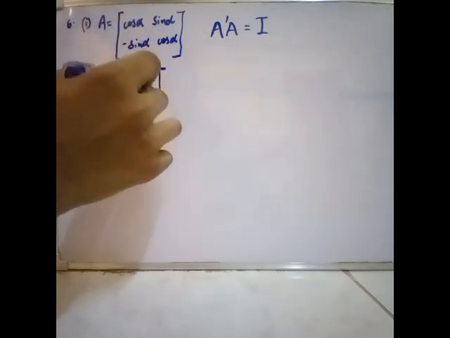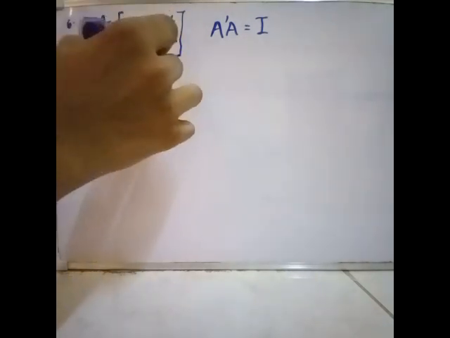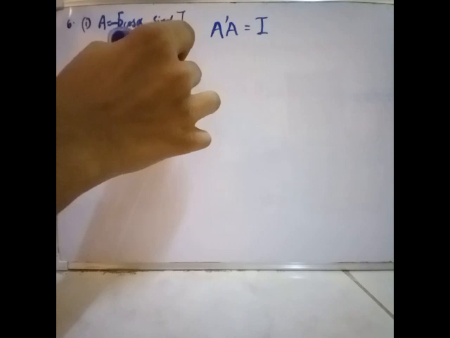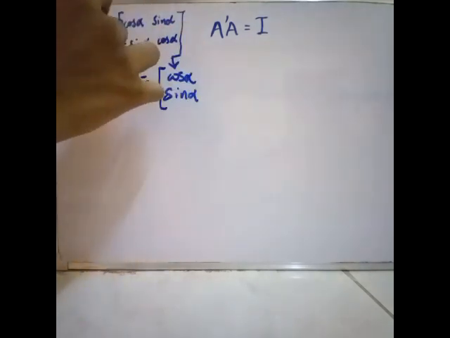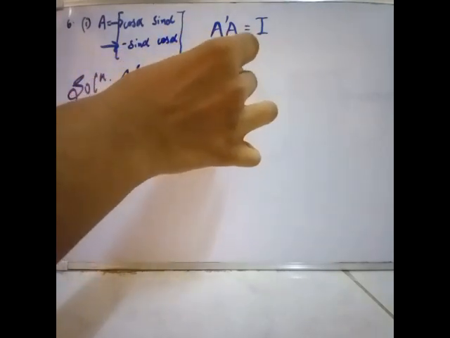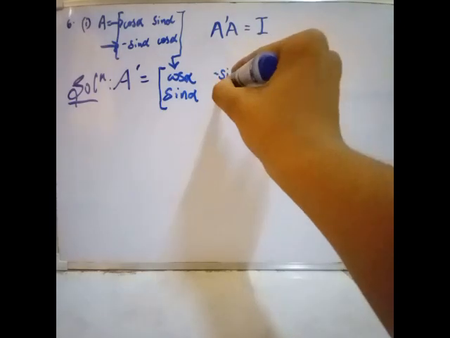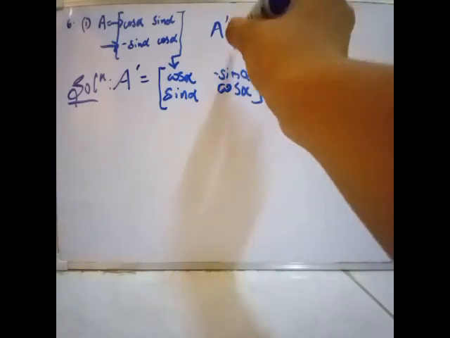So for transpose, what we have to do is change the rows into the columns, right? So the first row becomes the first column and second row becomes the second column, right? So this is our A dash, the transpose matrix.